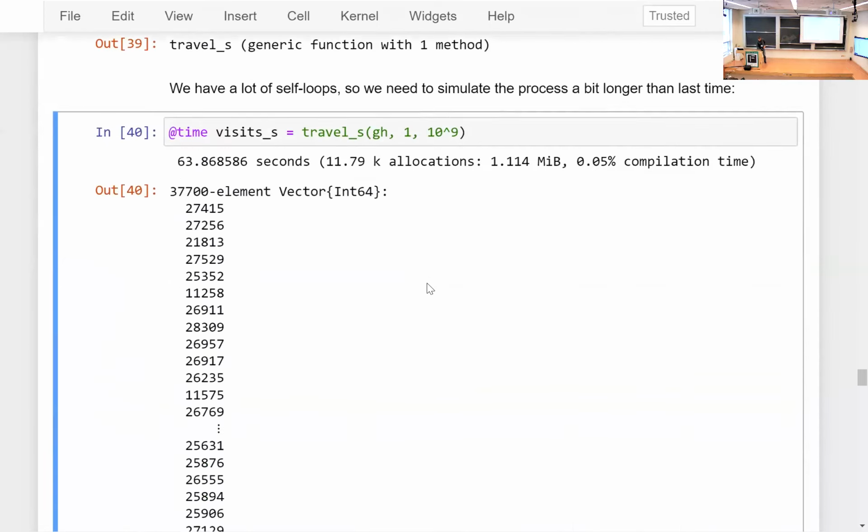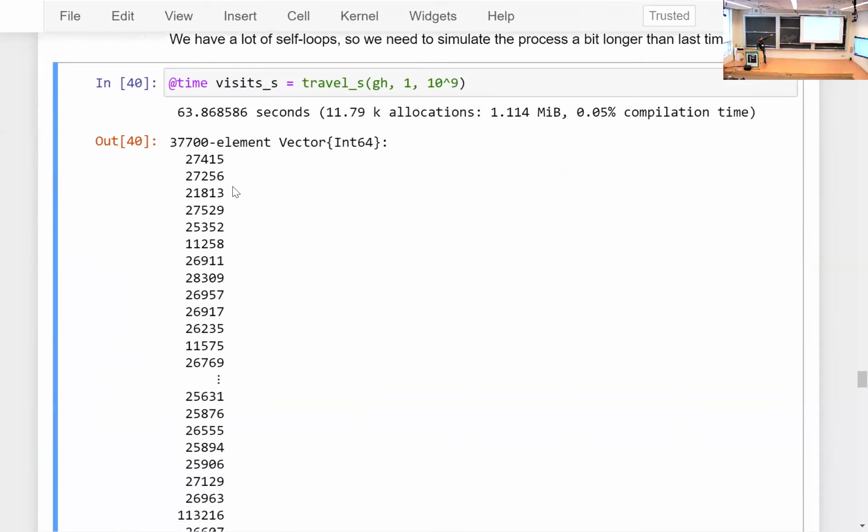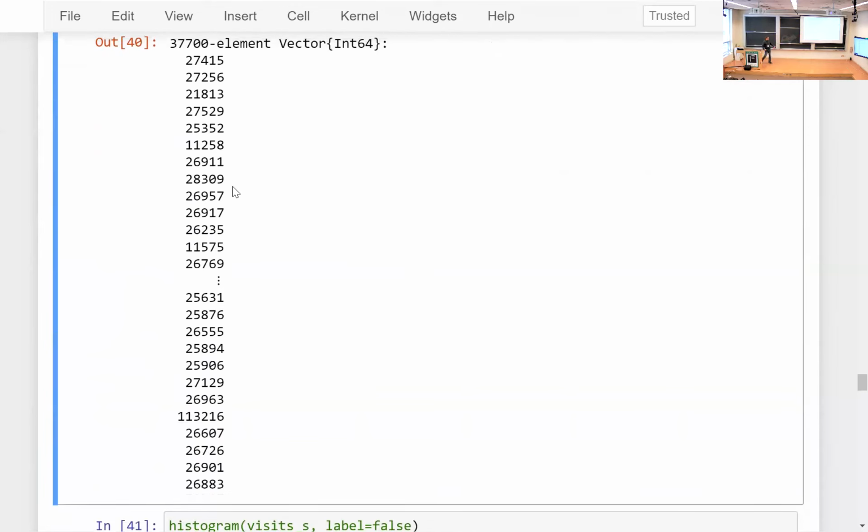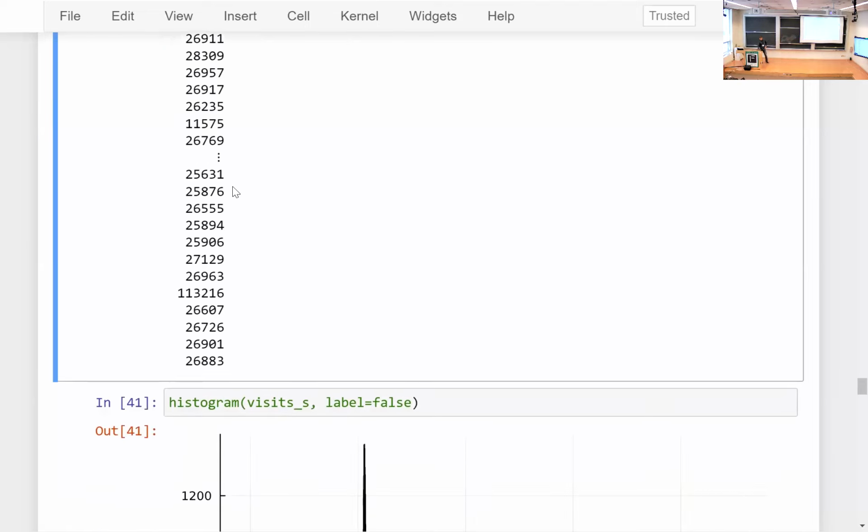And I ran it, and here is the information how many times I have visited a given node, and roughly we see that it is almost the same, but sometimes we have this extreme value very high, exactly because this walk takes much longer to get to the stationary distribution.